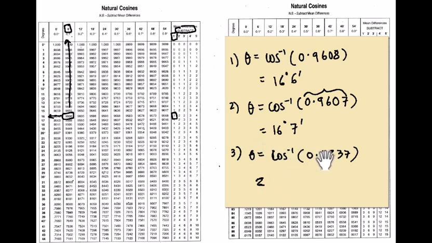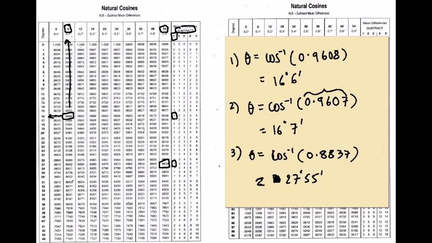I can see here 8838, and the corresponding angle is 27 degrees, and the minutes are 54, but this is 8838 and I want 8837. So I'll subtract 1, making 8838 minus 1 equal 8837, and the minute is added. So 54 plus 1 is 55. It becomes 27 degrees 55 minutes.